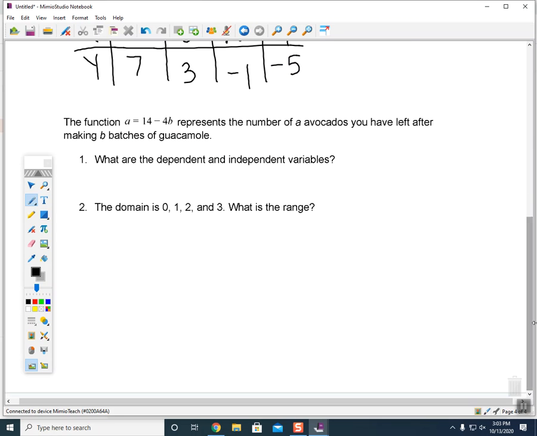Okay, last one on this page. The function a equals 14 minus 4b represents the number of avocados you have left after making b batches of guacamole. The first thing I need to do is identify what are my independent and dependent variables.